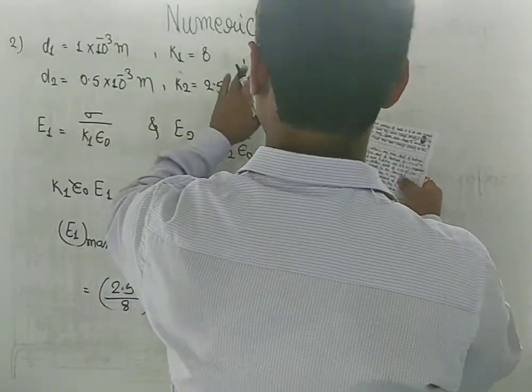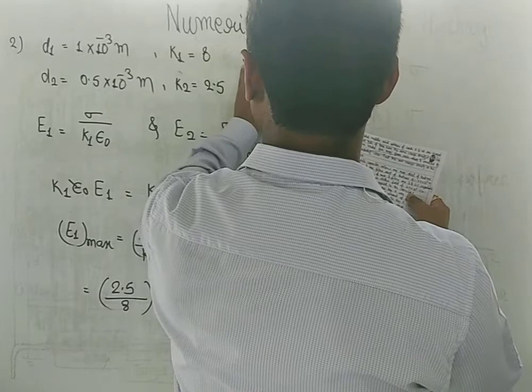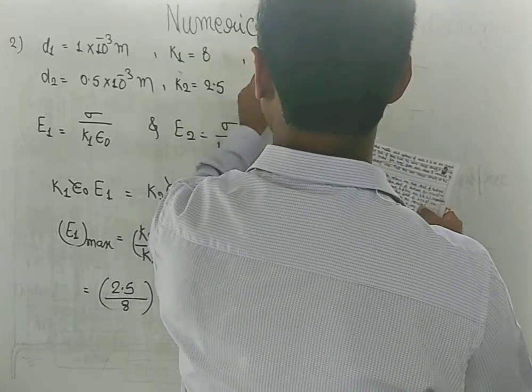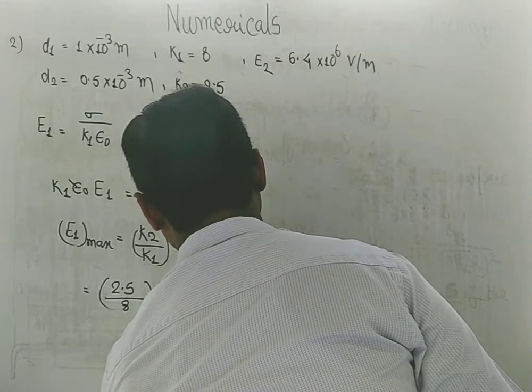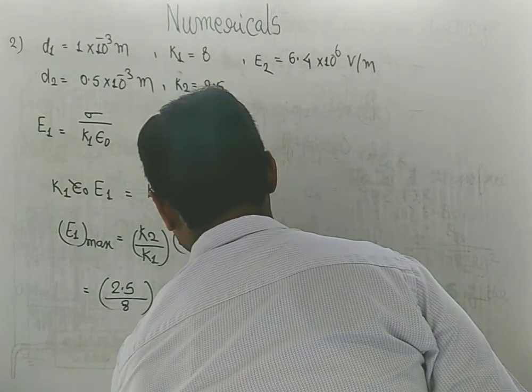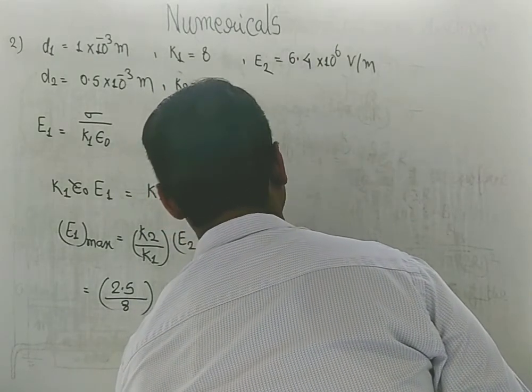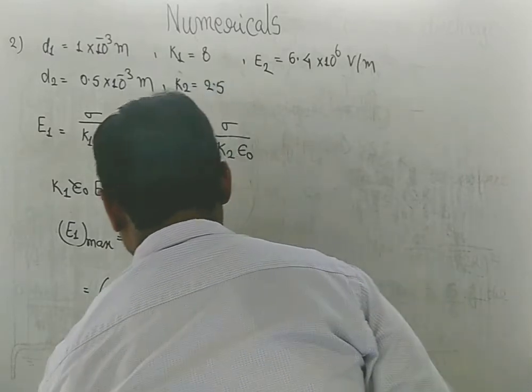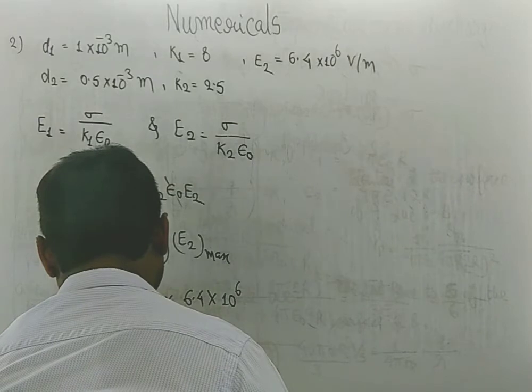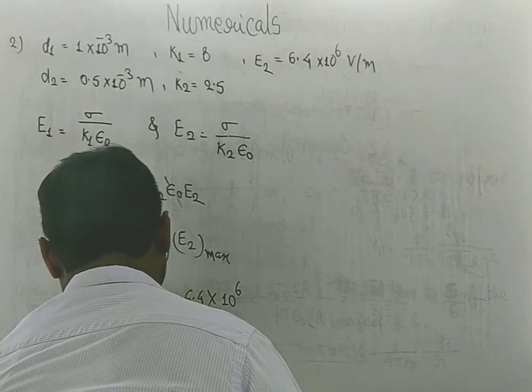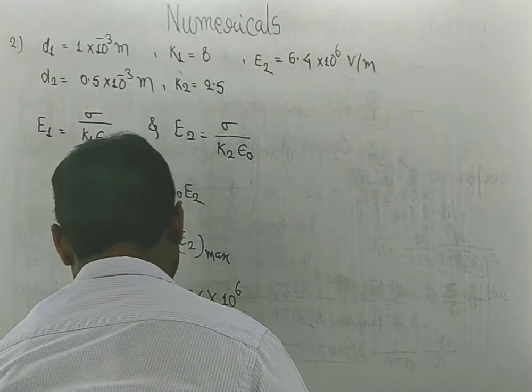So it's not mica, it's fiber. I must write it with E2. So this is 6.4 into 10 power 6. Just solving it, we will be getting 2 into 10 power 6 volt per meter.